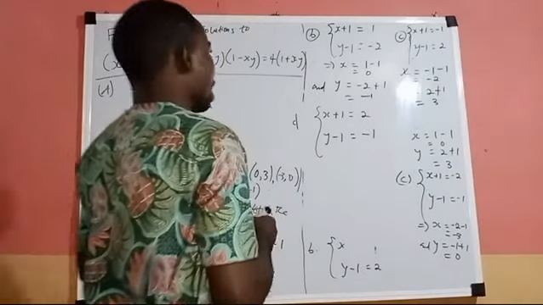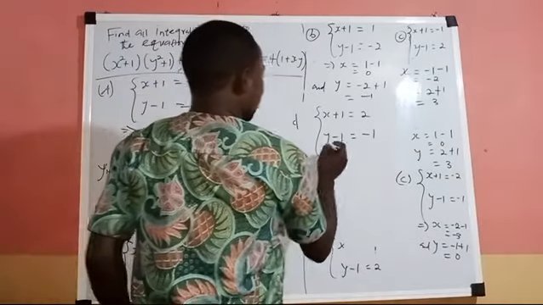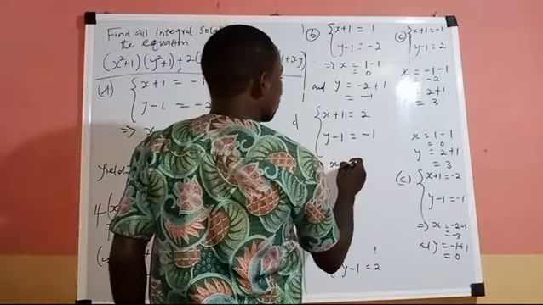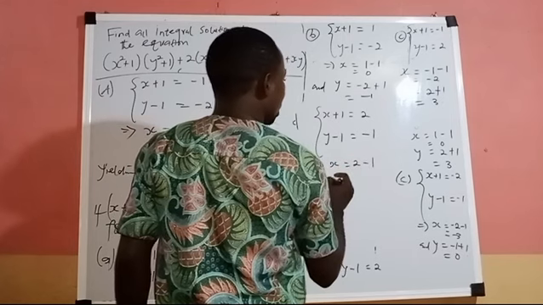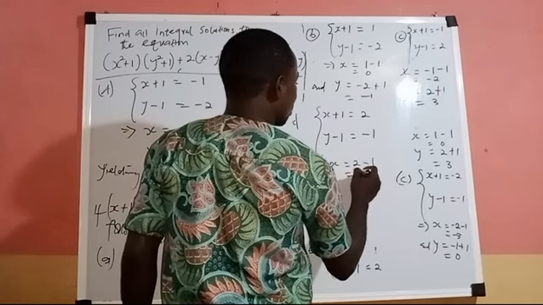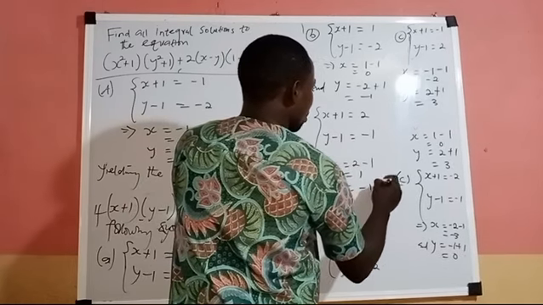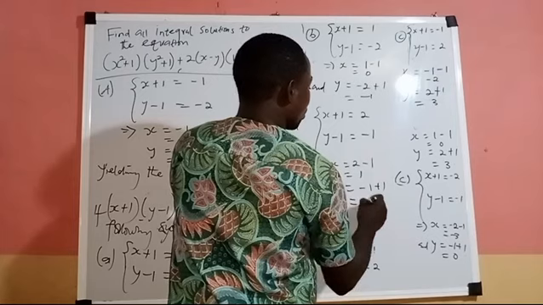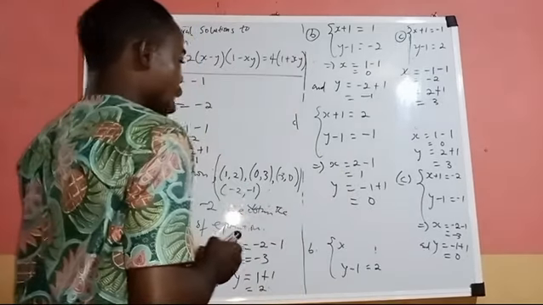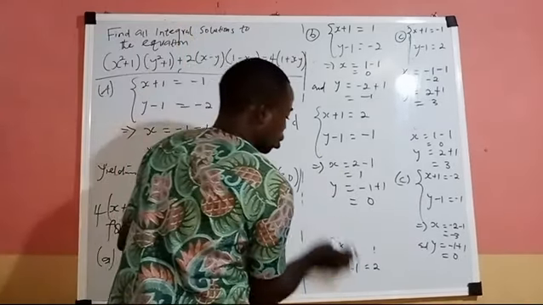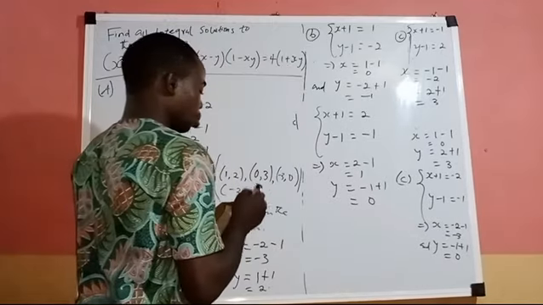So that's what we are going to have. Okay, and then if this happens, our x will be equal to 2 - 1, and that's going to give us 1. Our y will be equal to -1 + 1, and that's going to give us 0.